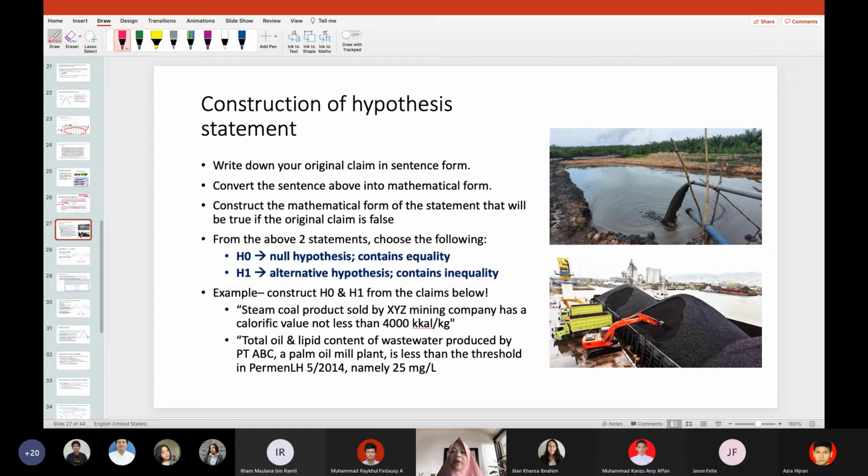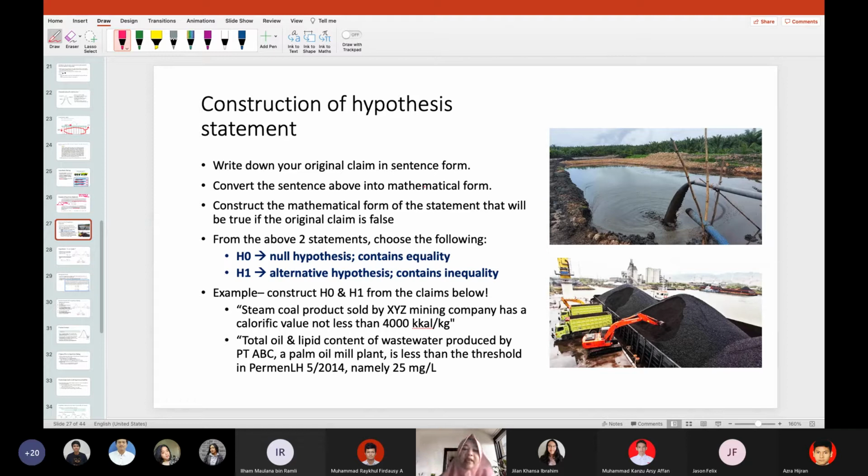So, first things first: how to construct the hypothesis statement? We have to write the original claim in sentence form, and then convert it into mathematical form. That is our claim, the claim that we want to put.